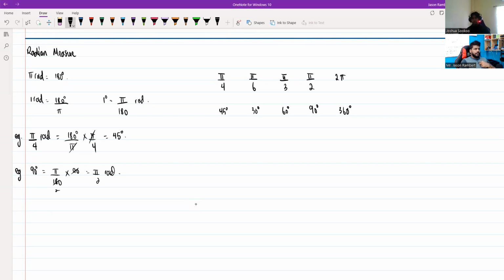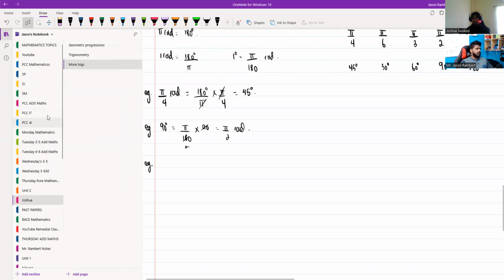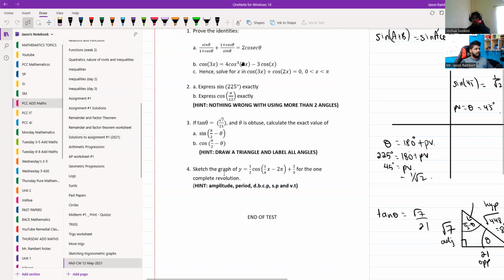Now, how are we going to incorporate radian measure in a calculation? And when do we use radians? Let's take an example here. I'll probably take an example from the same exam that we had.